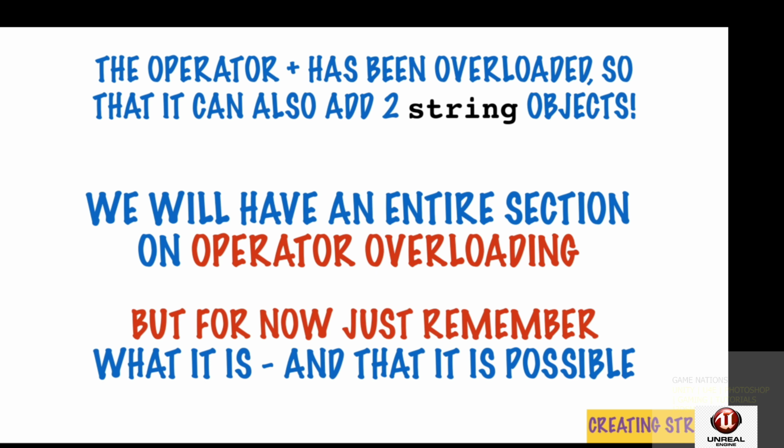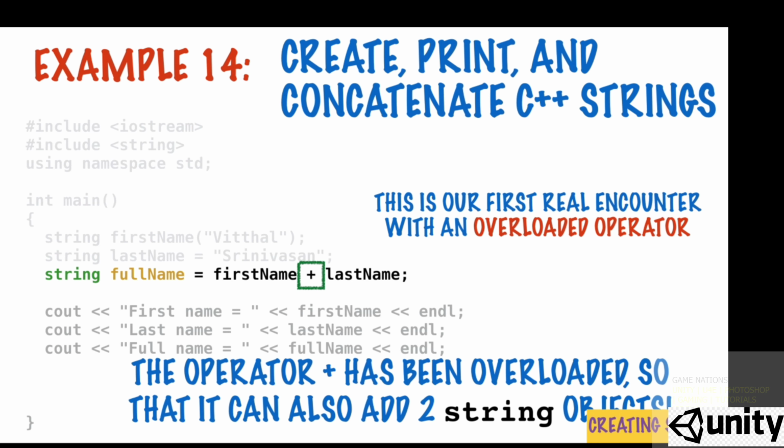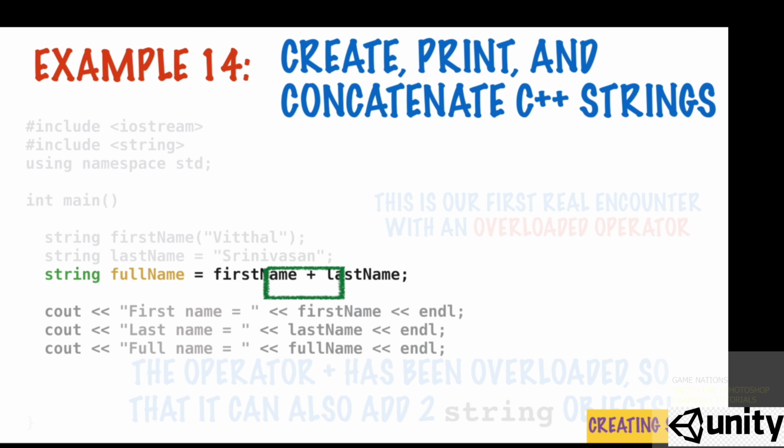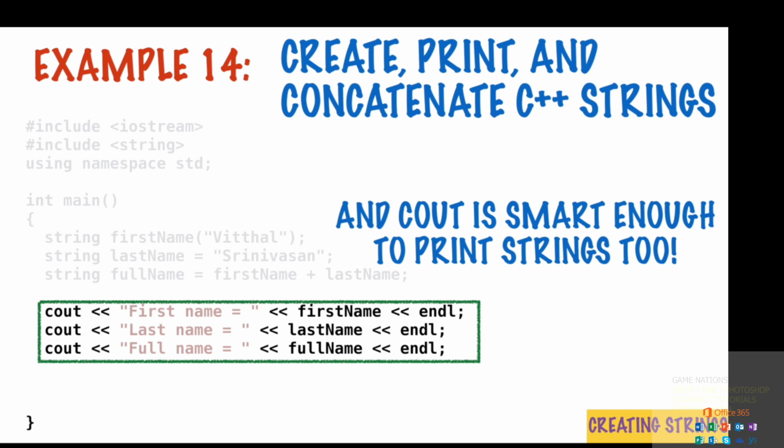And in fact, a measure of how powerful and how ubiquitous operator overloading is the fact that even in this really simple snippet of code, we have yet another example of operator overloading. The string class can be printed to screen using cout and the standard redirection operator that we use for all data types with cout.